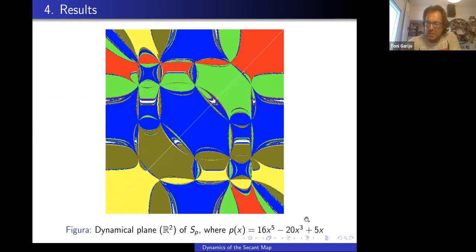This is an example of the secant applied to a polynomial of degree 5, and here we see that for these 3 internal roots, the immediate basin of attraction, the shape is more or less similar because of these 6 indeterminacy points. Look, here is like one side, 2, 3, 4, 5, 6.